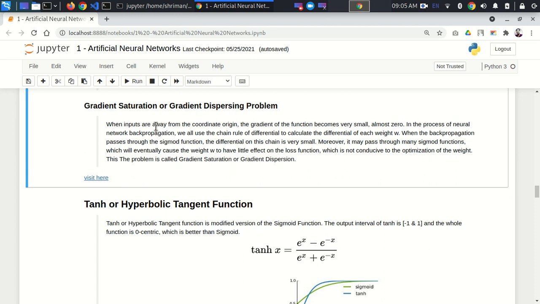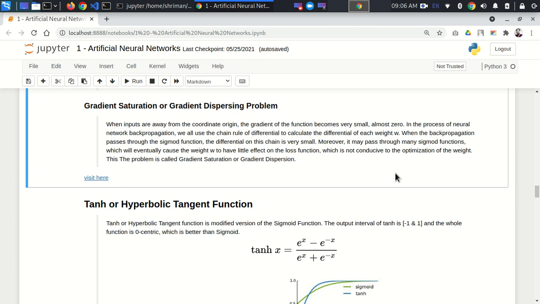Now, the gradient saturation or gradient dispersing problem. When inputs are away from the coordinate origin, the gradient of the function becomes very small, almost zero. In the process of neural network backpropagation, we use the chain rule. So in terms of gradients, there is a vanishing gradient problem, and again there is a second problem, that is gradient dispersing or gradient saturation. So what is happening in this case?